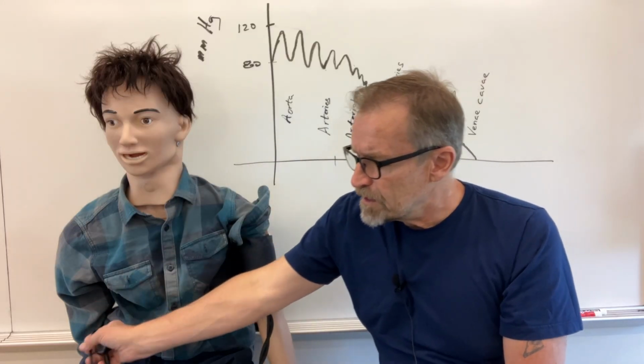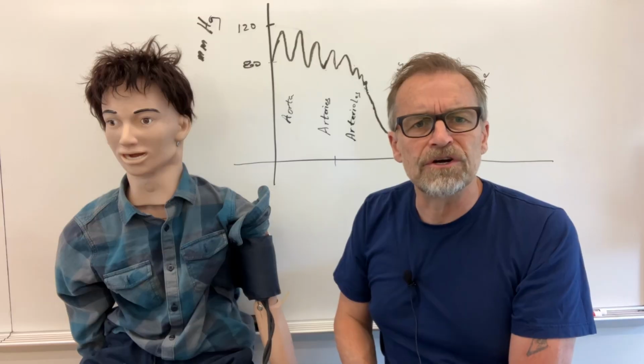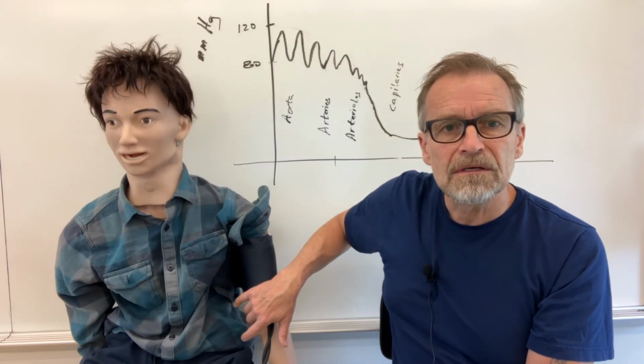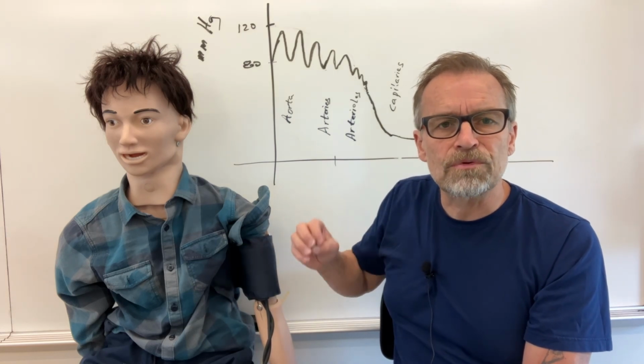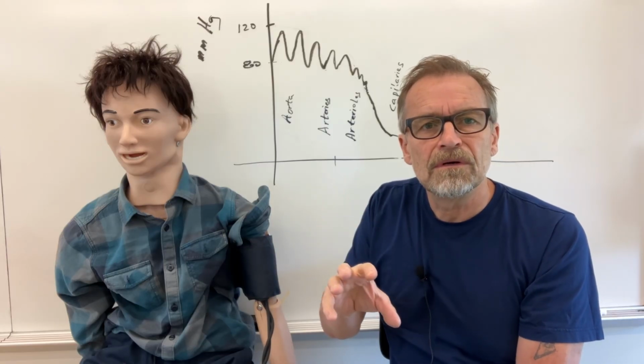As I release the pressure, once the pressure is below the arterial pressure, I'll start to hear a beat in his arm, because once the pressure is lower than the arterial pressure, arterial blood is going to make its way through.